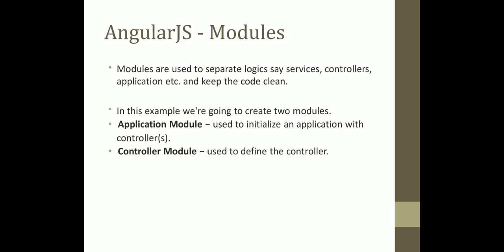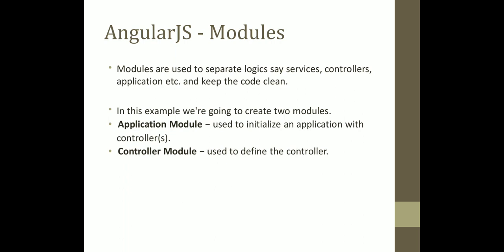AngularJS modules are used to separate logic, say services, controllers, applications, etc., and keep the code clean. So the basic use of AngularJS is to separate logic. How this logic is separated, we'll see.